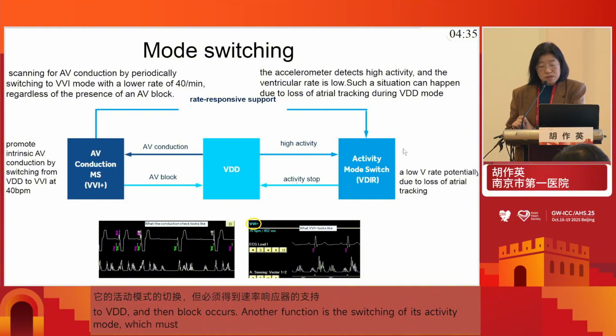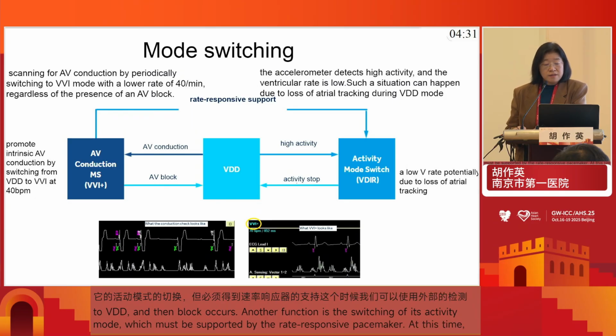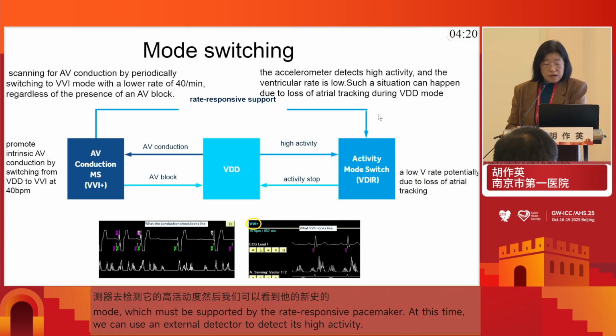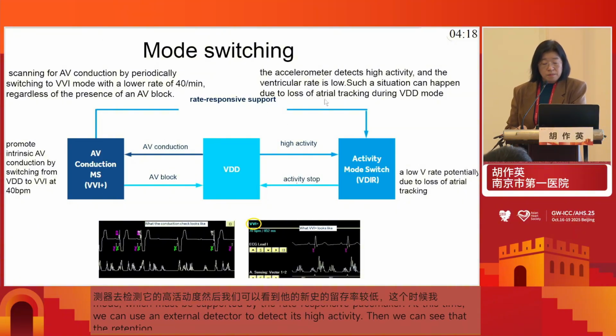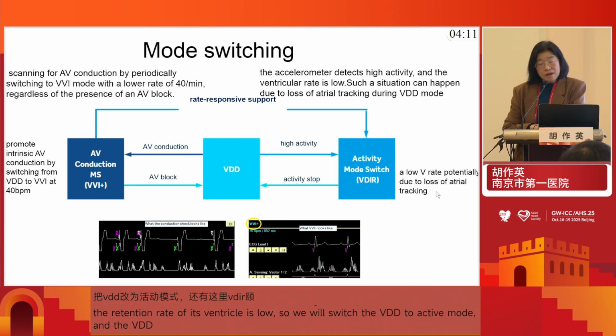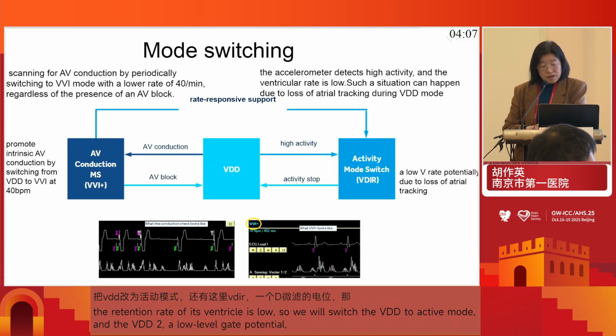We all use somebody's work high activity, and the ventricular rate is low, so there will be changes from the VDD to the activity mode VDIR, yes. And another happened if a low rate is detected due to the loss of the A track, it will be switched to the active mode switch VDDIR.